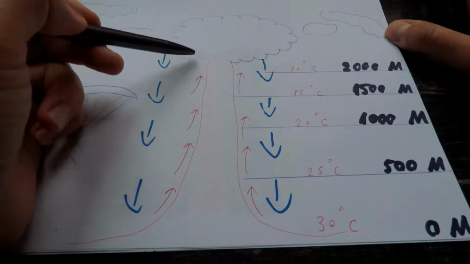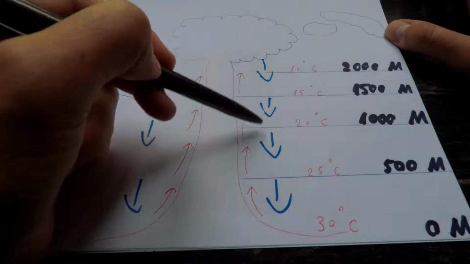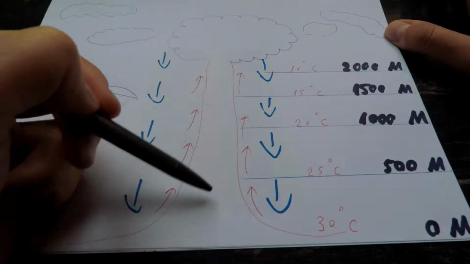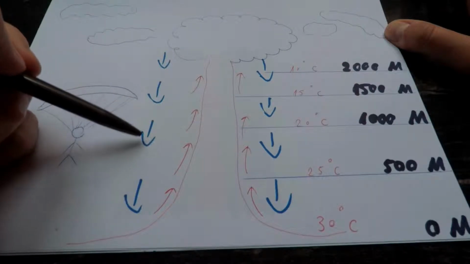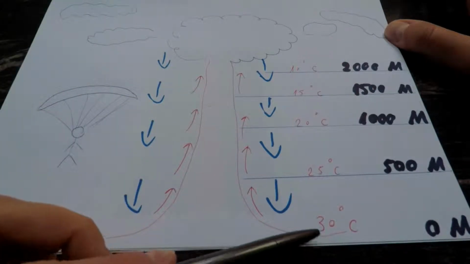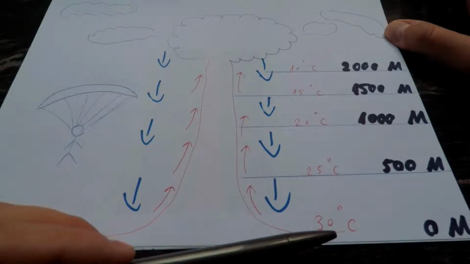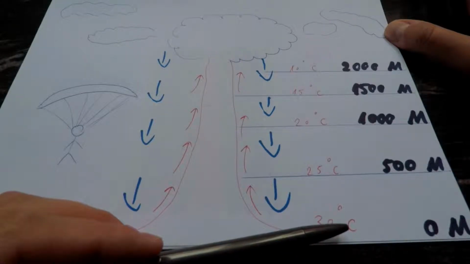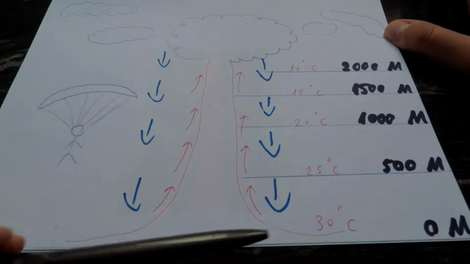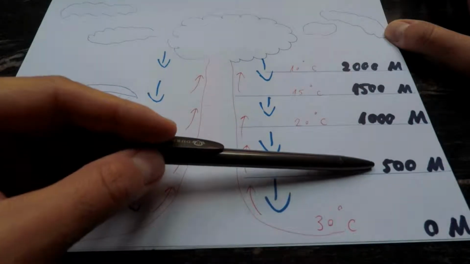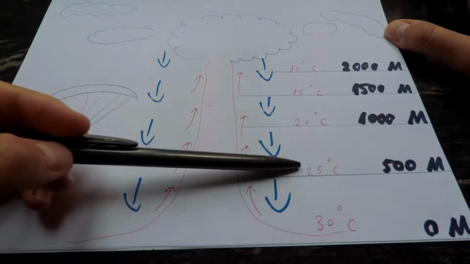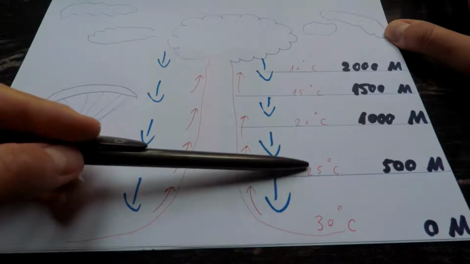So a thermal is basically nothing else but a hot column of air that rises up through its surrounding downgoing cooler air. Let's assume that you have a temperature of 30 degrees Celsius at 0 meters AMSL. The higher you go, once you reach 500 meters, the air is just going to measure 25 degrees Celsius.